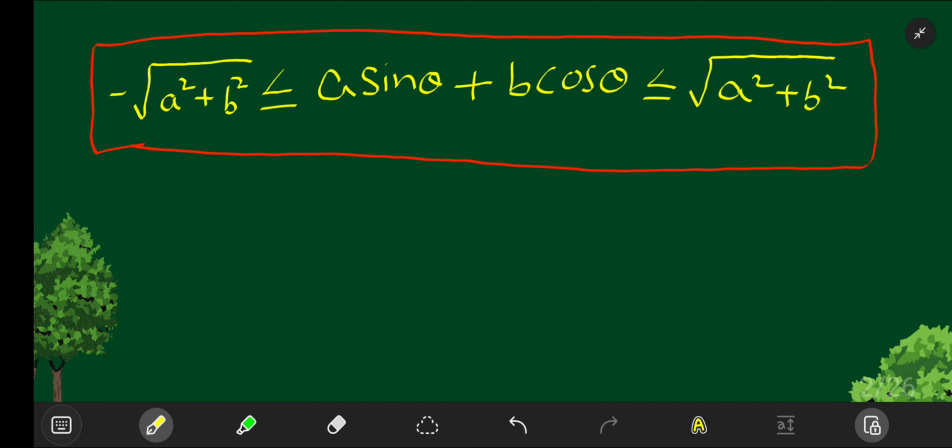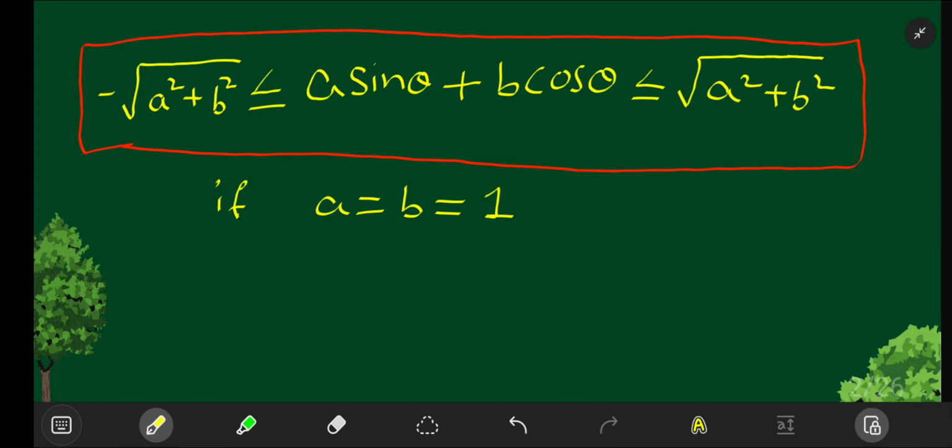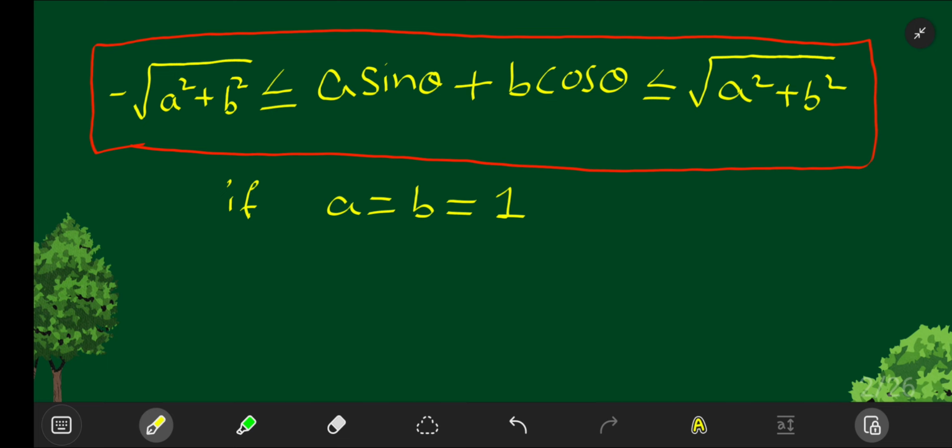If a is equal to b equal to 1, then substitute in the formula, what will we get? Sin theta plus cos theta.